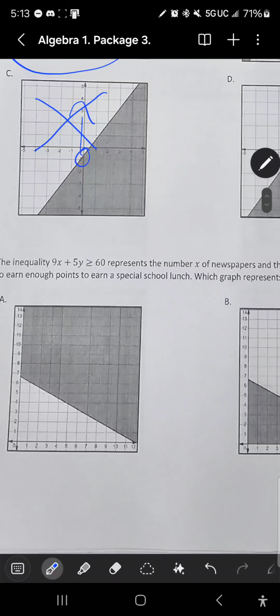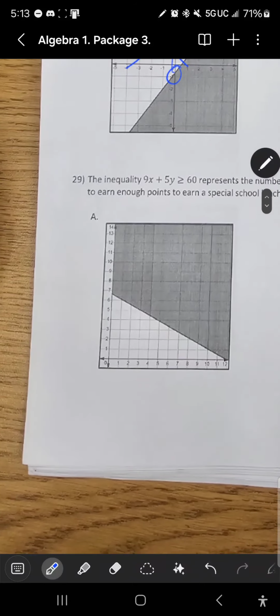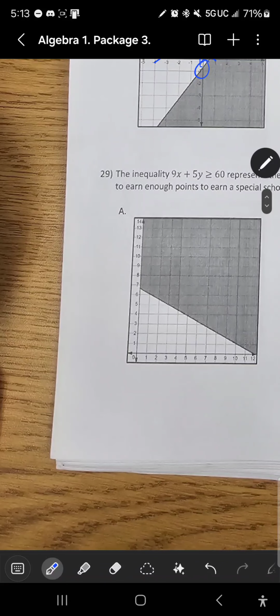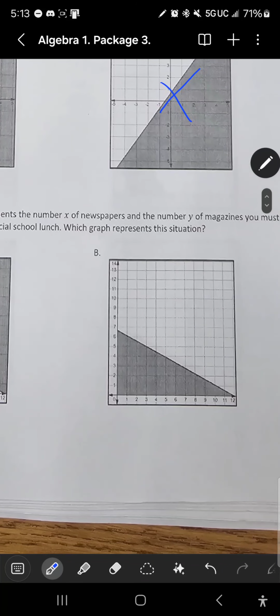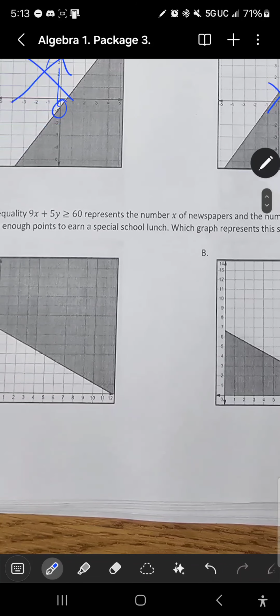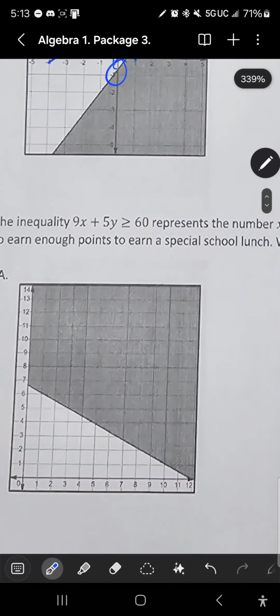Now continue. The inequality 9x plus 5y greater than or equal to 60 represents the number x of newspapers and the number y of magazines you must sell to earn enough points to earn a special lunch. Which graph represents this situation? Okay, so it's the same as what we did right now.